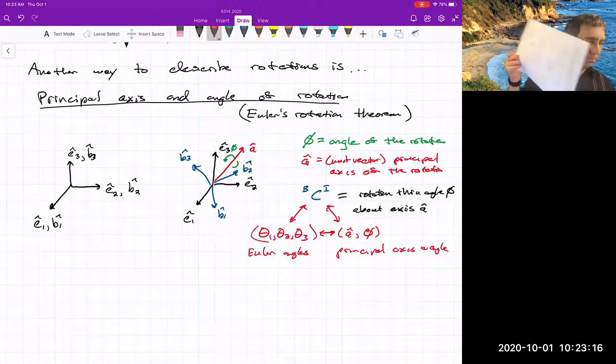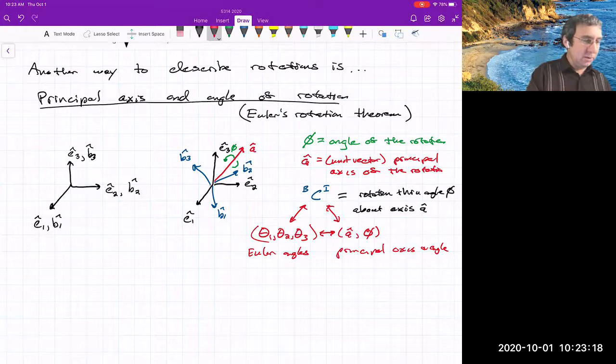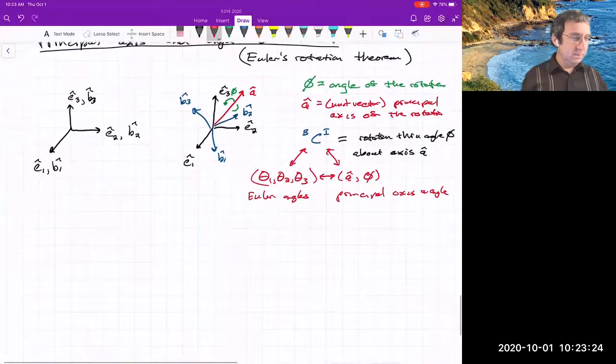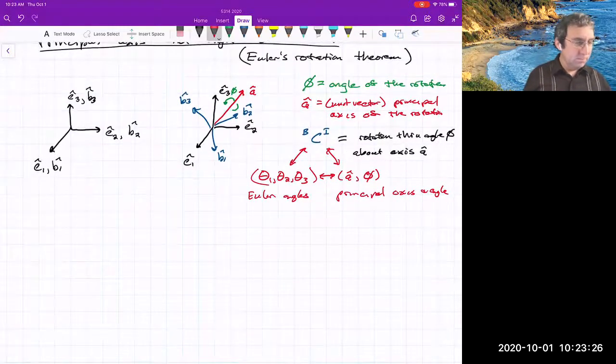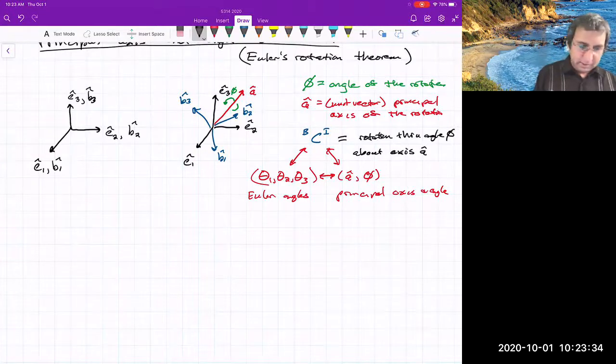Let me write for you how you actually write the C matrix in terms of the A matrix. Because it's cumbersome to put the CIB, I'm just going to write C as CIB.